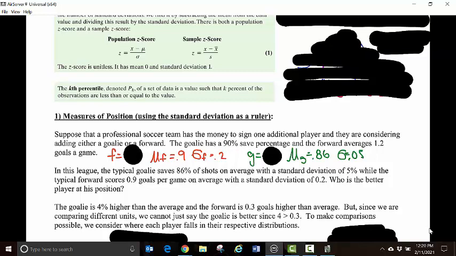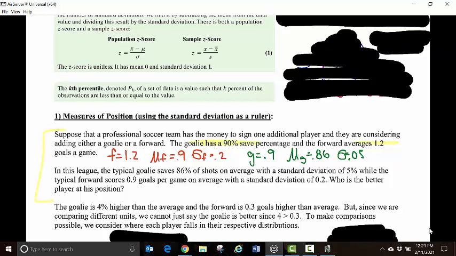The ones we're looking at to hire, okay, the goalie has a save rate of 90, and the forward averages 1.2 goals a game. So all I've done there is take the data out of these 2 paragraphs and summarize it.